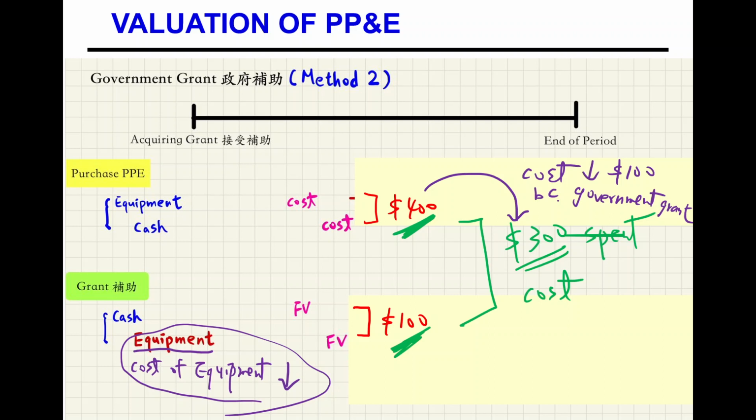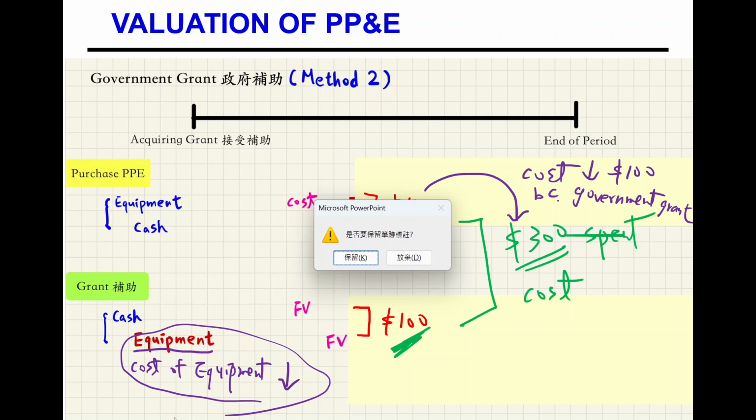No problem. So based on the logic here, then you understand why here cost of equipment decreases 100, because you can spend less money to buy the same equipment.